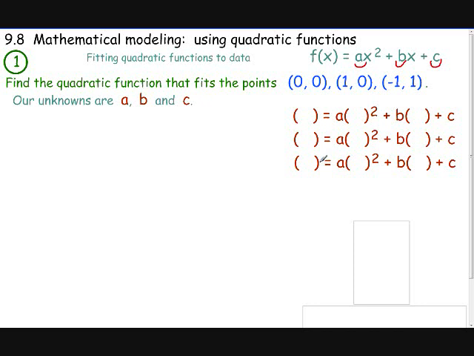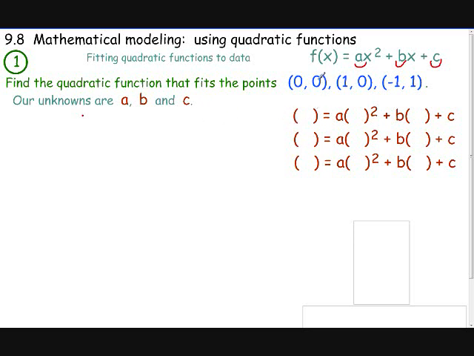We just saw that we could figure out C if we knew that x was 0, didn't we? Well, let's see what happens here. We've got 3 unknowns, and we've got 3 points. We're going to put those 3 points into the standard equation for quadratic. 3 unknowns, 3 equations. We will be able to solve this.